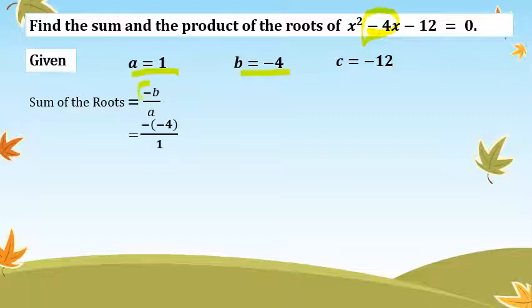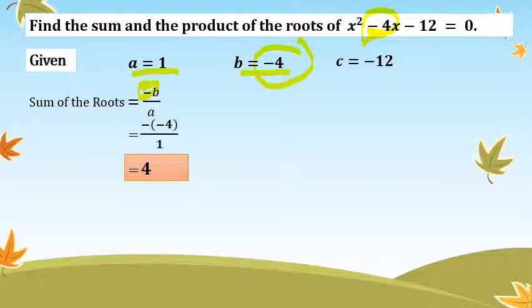Okay. Bakit dalawang negative? Kasi sa formula may negative tayo. Then, from the given, meron tayong negative 4. So, negative times negative 4 over 1 equals 4. Bakit naging 4? Negative times negative, positive. Kaya ang sagot ay positive 4.